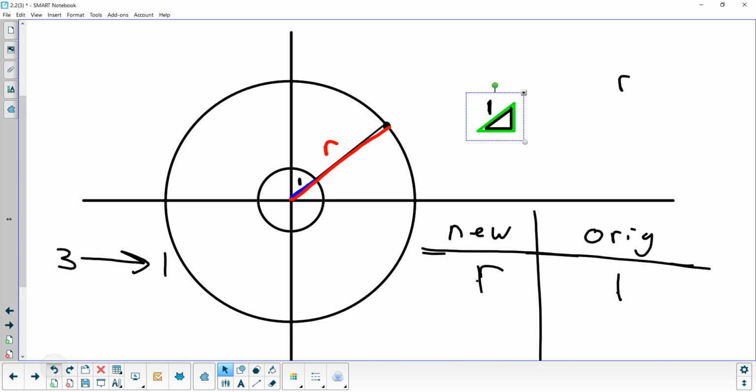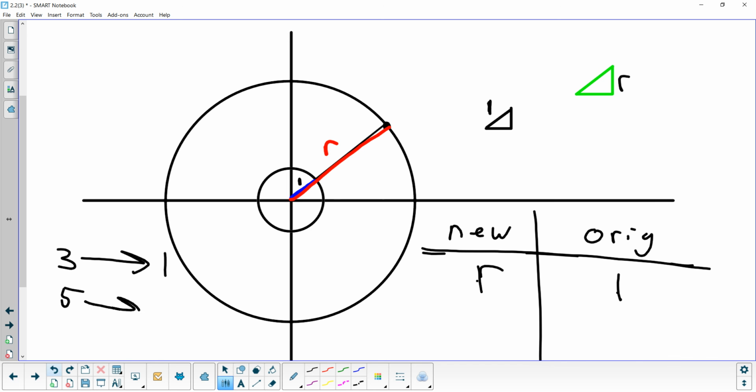Does anybody know what you could multiply 3 by to change it back into 1? Yeah, 1/3, or basically divided by 3. What if you had a green triangle that had a radius of 5? What could you multiply, or what could you divide 5 by to shrink it back to 1? Yeah, you could divide it by 5 to turn it into 1.